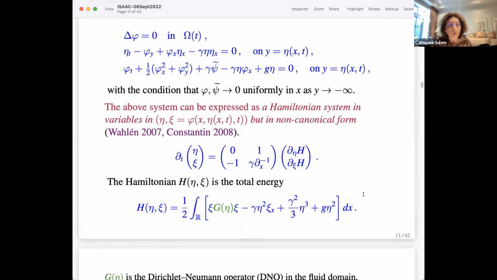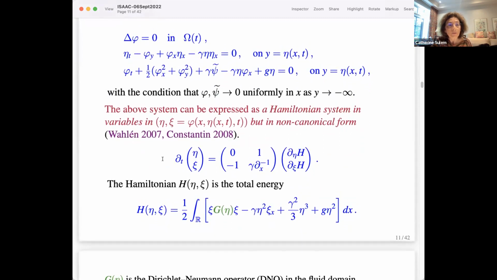And they were able to write this system in the form here, d/dt of (eta, xi) equals a symplectic matrix that is not canonical, times the gradient of H, H being the Hamiltonian, the total energy, as naturally. So the first observation is that the system is not canonical.